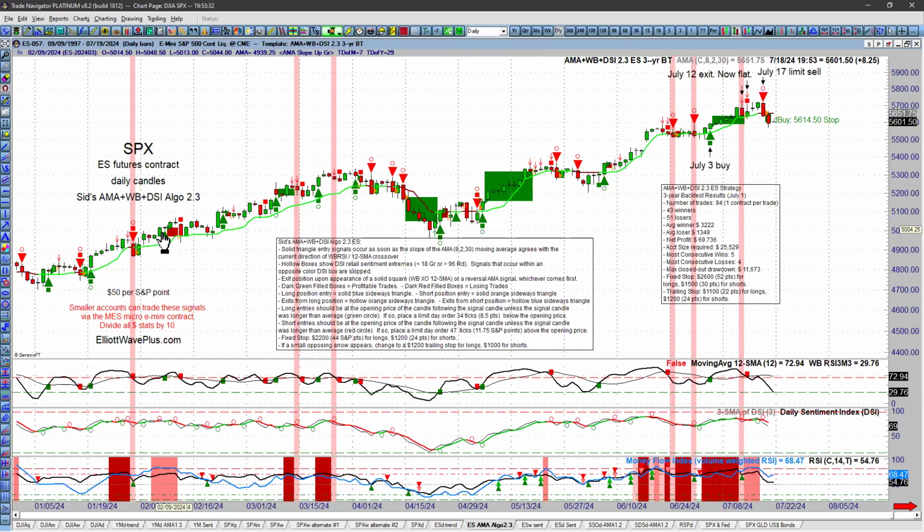The red block here is a losing trade. Green block is a winning trade. Can anyone look at that price action and tell me why they think the algo, which is a momentum algo, wasn't able to make money while the market went up in this channel?